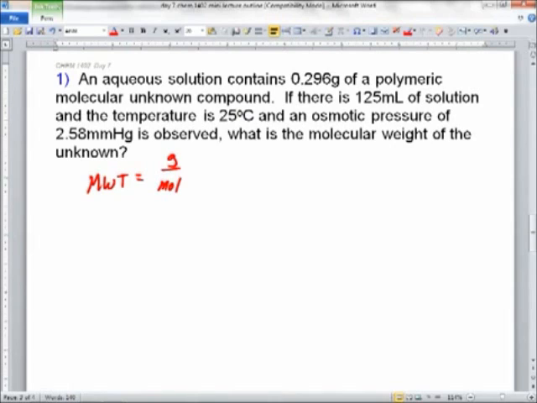She said use the grams of the stuff. So the molecular weight of the unknown is grams of unknown over moles of unknown. She recognized the grams of unknown is 0.296. We're halfway there.